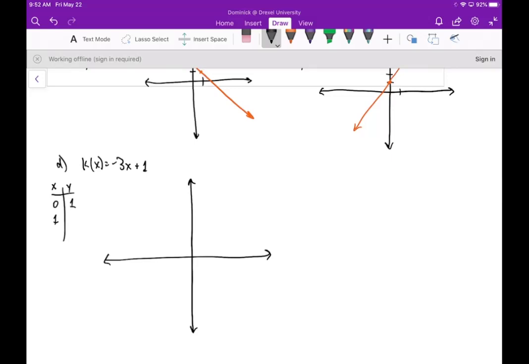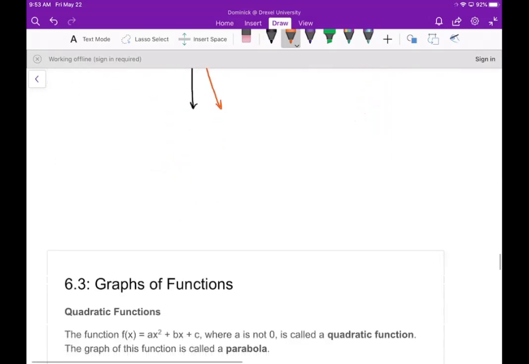When we plug in a 1, I'm going to get negative 3 plus 1, so negative 2. So I'm going to get 2 points, 1 here and 1 here. So when we connect them, we get something like this. All right, so those are a couple of graphing examples.